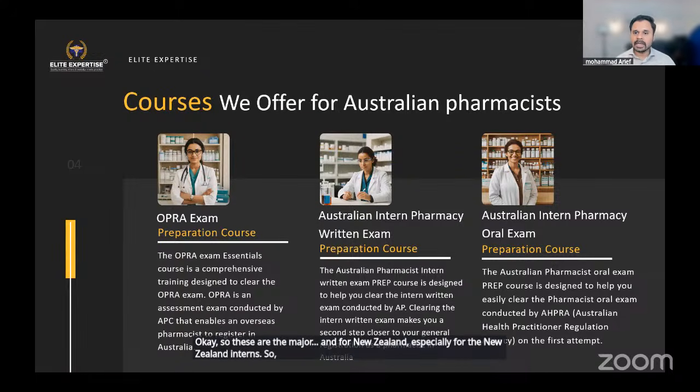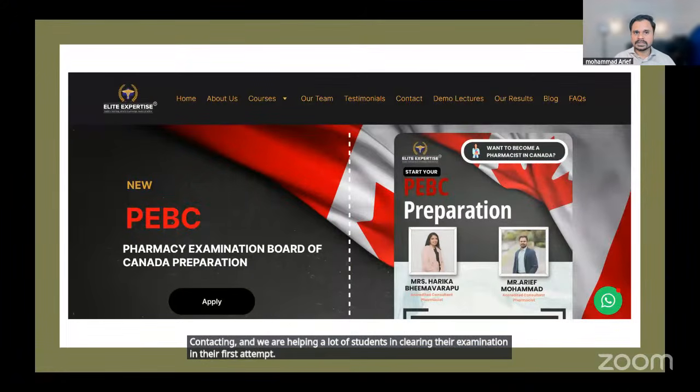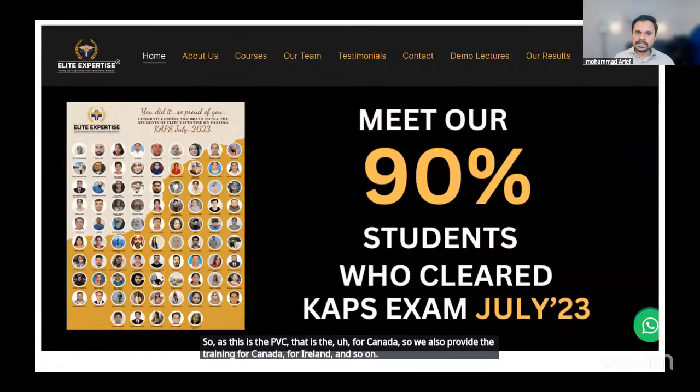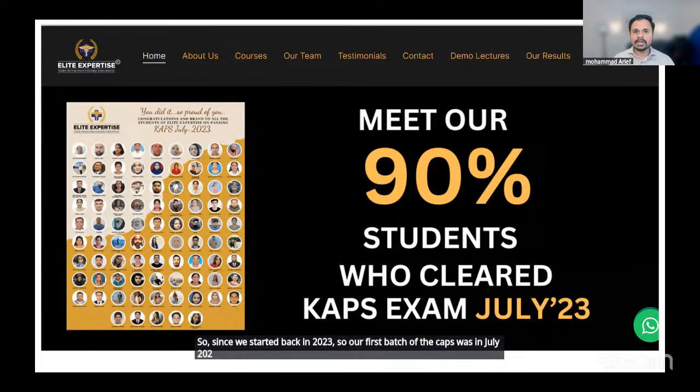So these are the main courses that we are conducting, and we are helping a lot of students clear their examination in their first attempt. Since we started in 2023, our first batch of KAPS was in July 2023, where we achieved around 90% success.